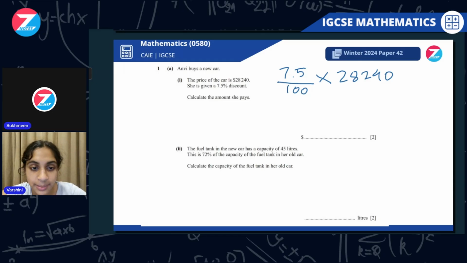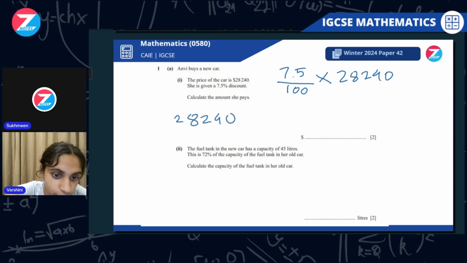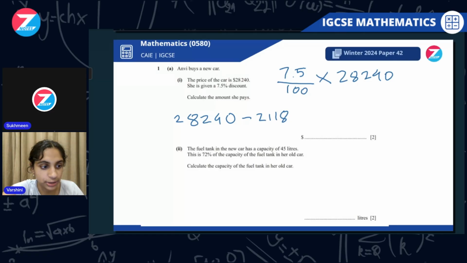But remember, we want the amount she pays. So we're just going to subtract the discount from her total amount, which will be 28240 minus 2118. And just put that straight into your calculator, and you'll get 26122, which is the answer.